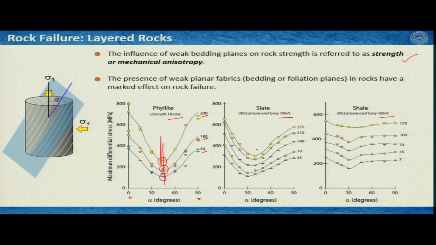For shale, this shifted towards 30 degrees, and for shale here as well, in a different shale, it shifted around 30 degrees, and these are due to some rock properties.